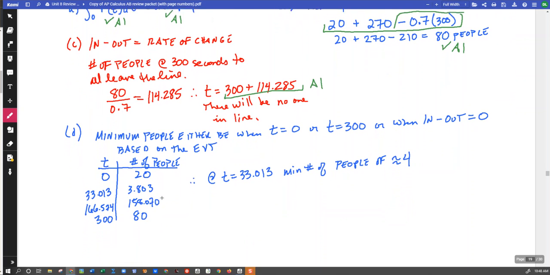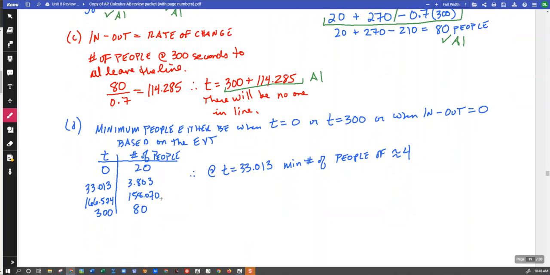And finally, for the last portion, we have the minimum number of people either when t equals 0 or t equals 300, or when in minus out is equal to 0. So here's where you have to be careful. It would be better for you to write r of t minus 0.7 as the in minus out rate.